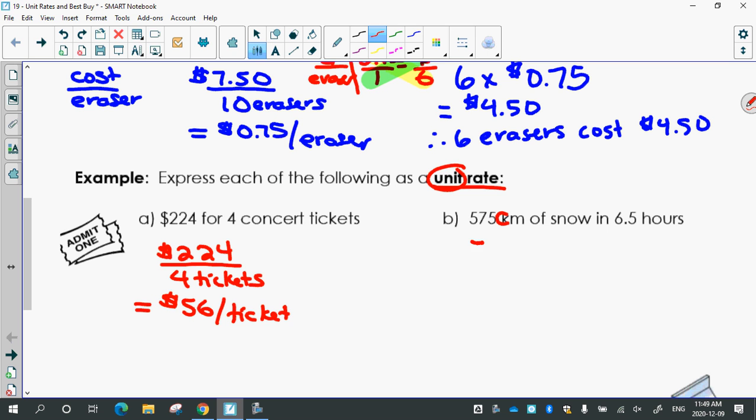So we're going to do 575 centimeters over 6.5 hours. And then we'll know how many centimeters we get per hour. It's going to be a lot. 88.5. So, yeah, we're definitely snowed in. Helicopters are coming in to get people out of cars. This is a bad snowstorm.